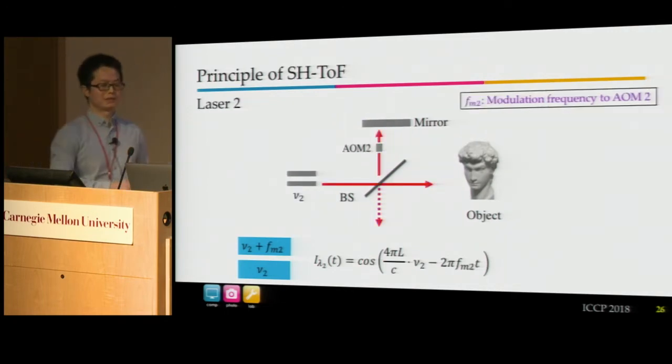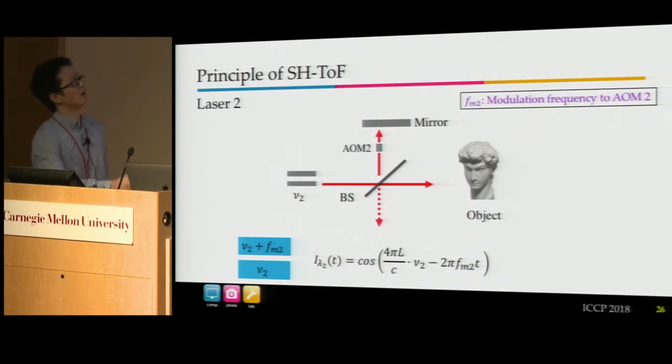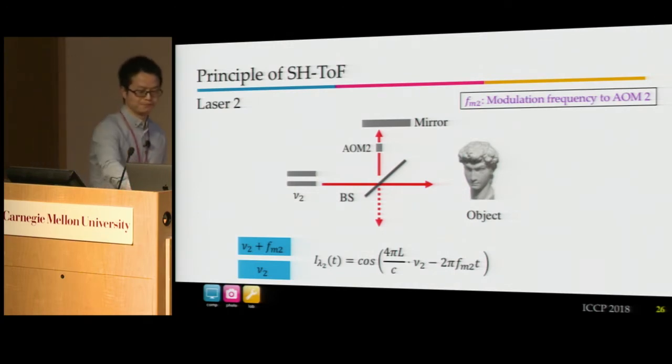So similarly, for the second laser, we also put another AOM on the reference arm, and it will also upshift the frequency by FM2. And similarly, we will also have this phase information, and also with the AOM frequency FM2.